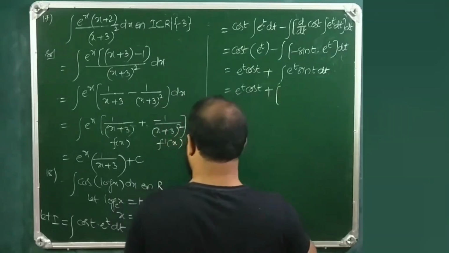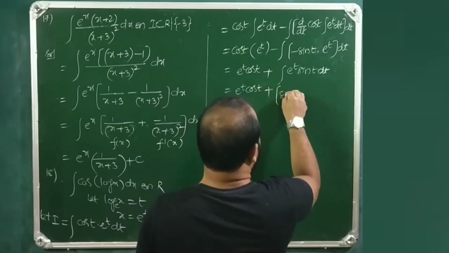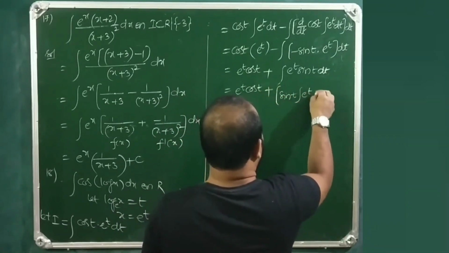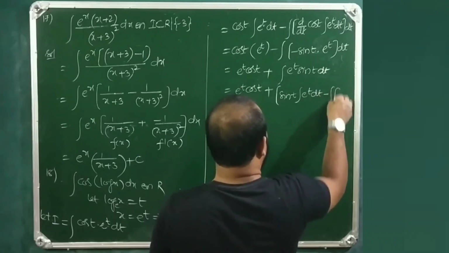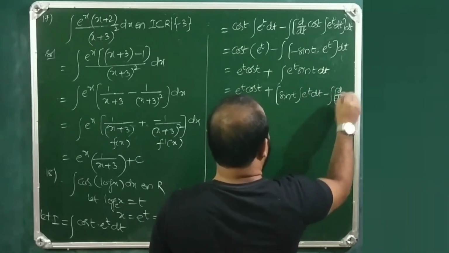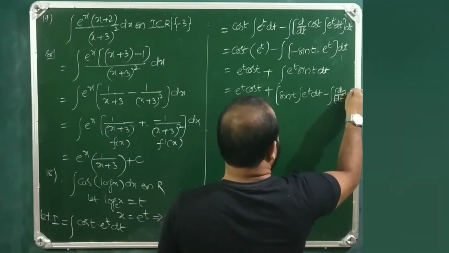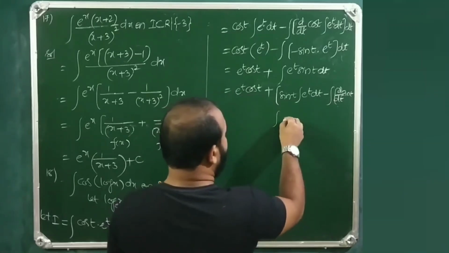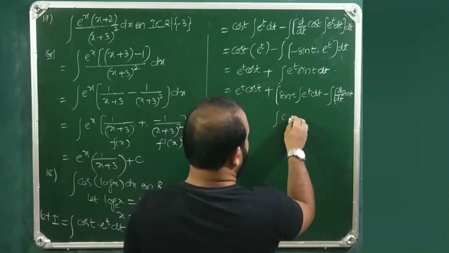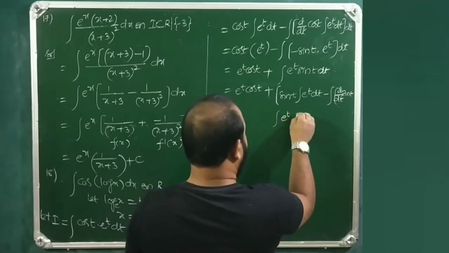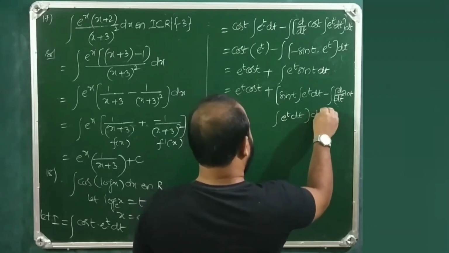Here the first function is sin t, so sin t into e power t dt minus integral of d by dt of sin t into integral of e power t dt, whole dt.